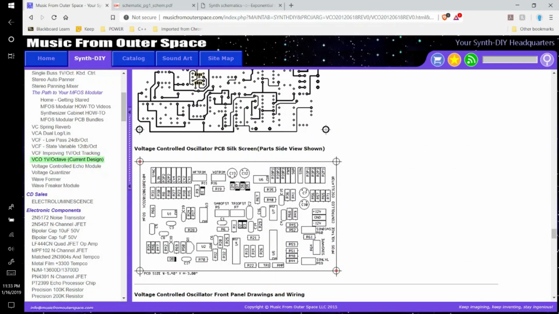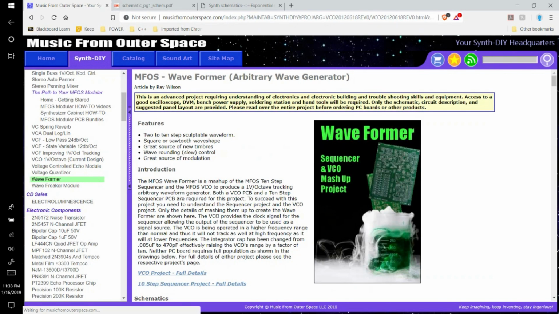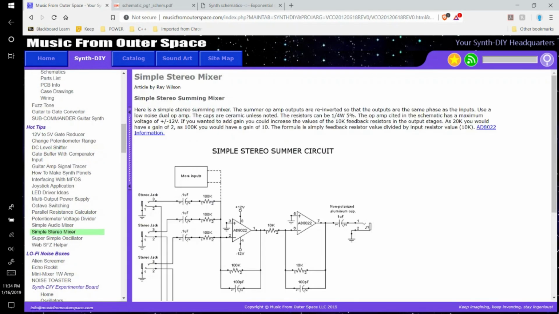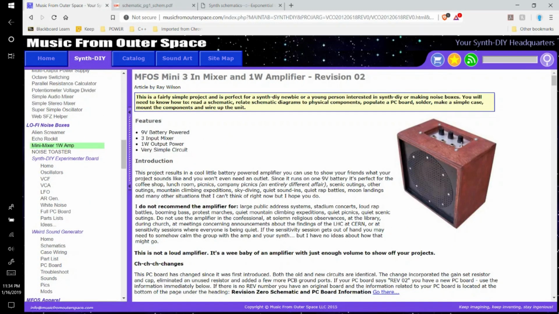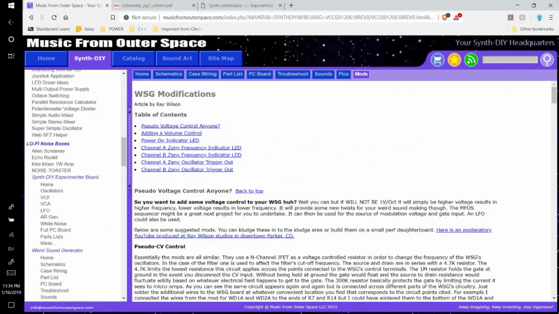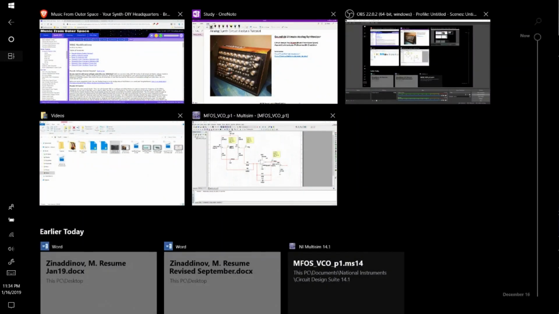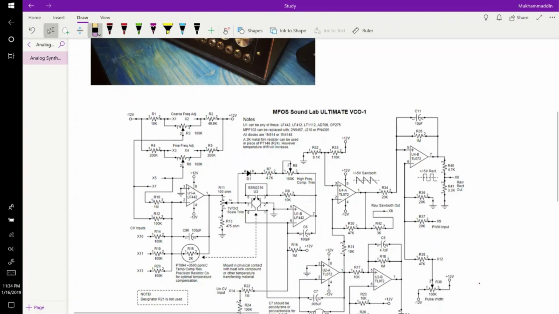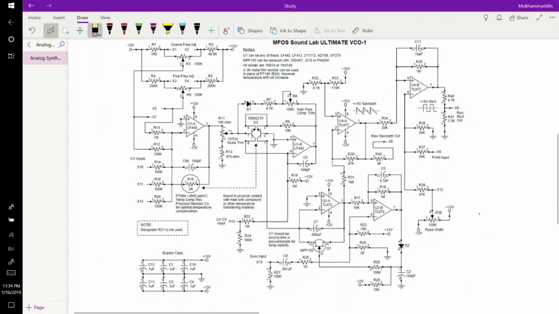And like this, he has material for all of these, I don't know how it's called, a chapter probably. So very, very amazing. And we will take that as a study case and explore exactly how analog synthesizers work.